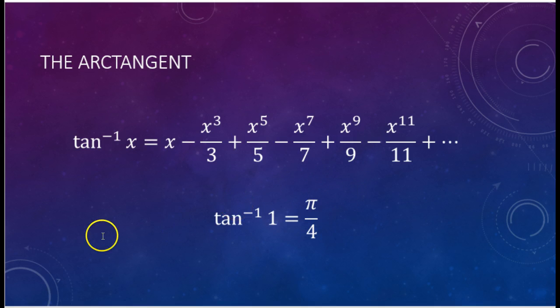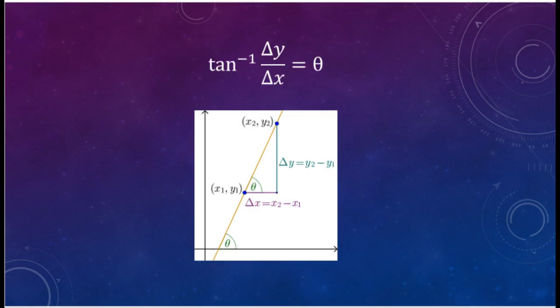But anyhow, we have this cool relationship where arctan of 1 equals pi over 4. Once we put together this function with all these powers in it, we can do some other cool stuff with it. If we look at this graph, here's a line with 2 points on it, x1, y1, and x2, y2.